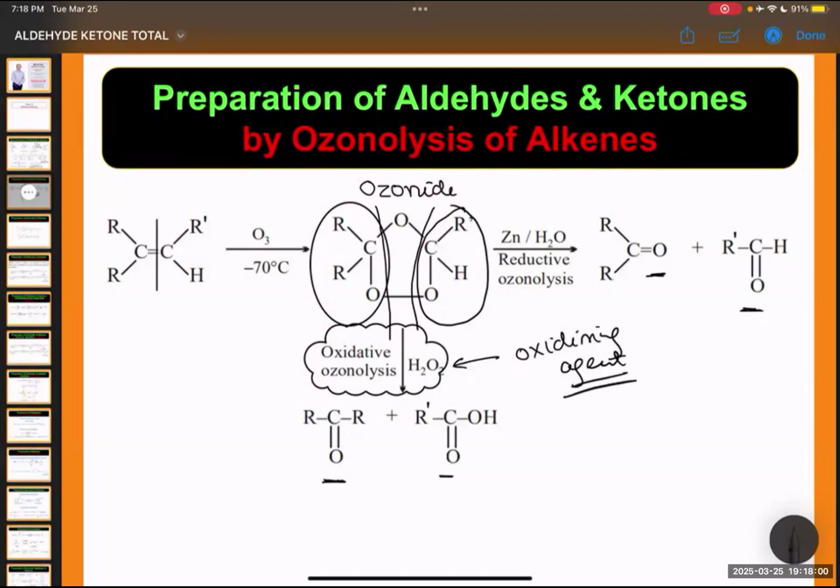Whom will it oxidize? If an aldehyde is formed, you can check the alkene. This will form a ketone because you have two alkyl groups. This will form an aldehyde, you have one hydrogen and one carbon.